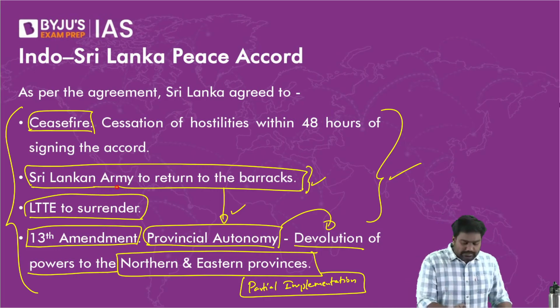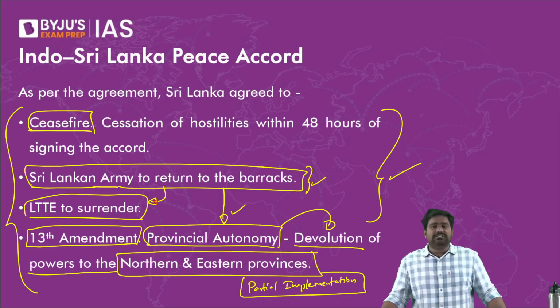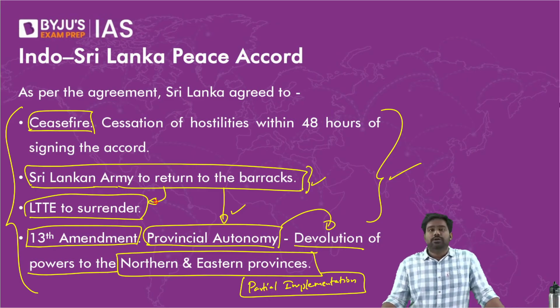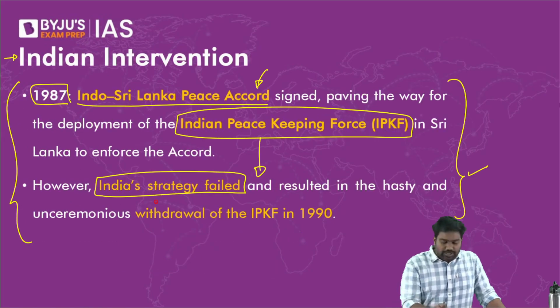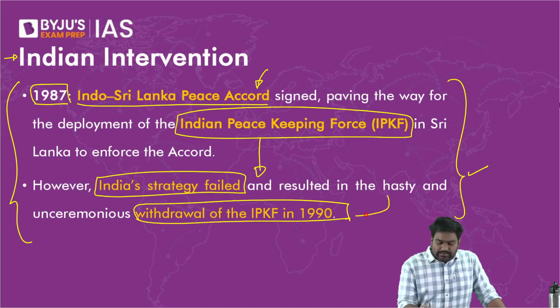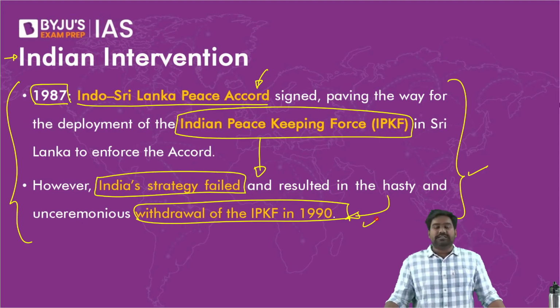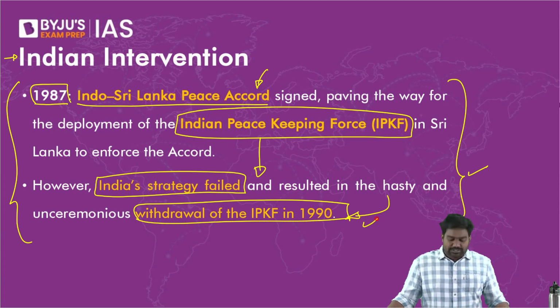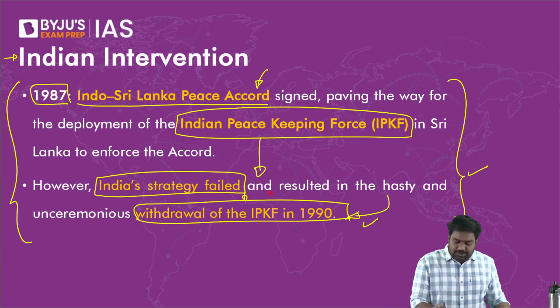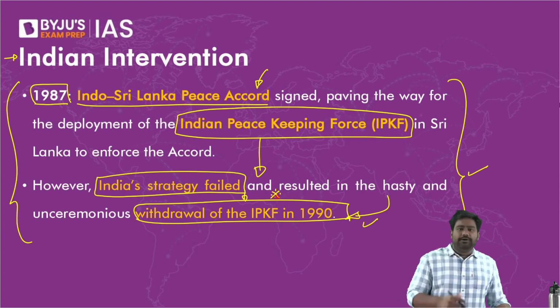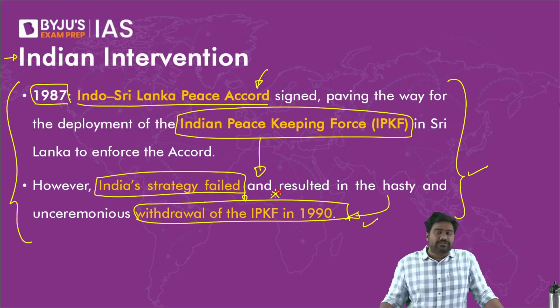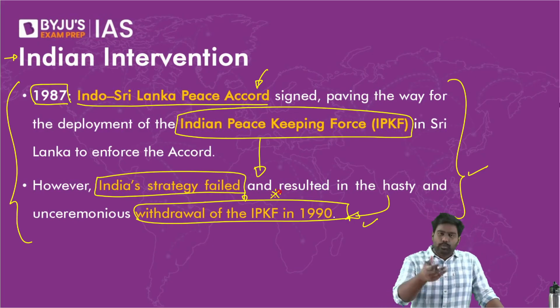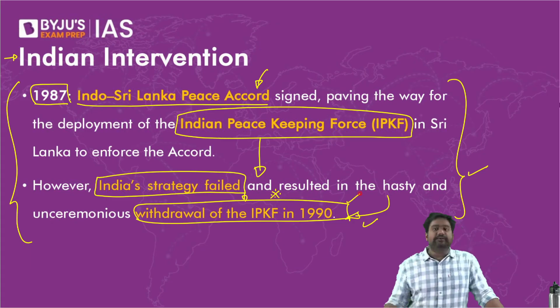The Sri Lankan government, which largely blamed India for the entire crisis, would secretly collude with the LTTE and leak the location of the Indian forces, which would lead the LTTE to target the Indian forces. So, India suffered a severe setback. India lost several soldiers in this peacekeeping mission, and eventually it became a very controversial intervention in Sri Lanka, forcing India to withdraw the IPKF by 1990.